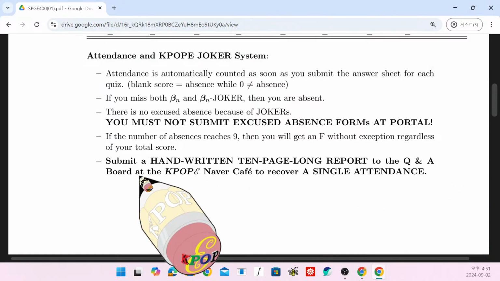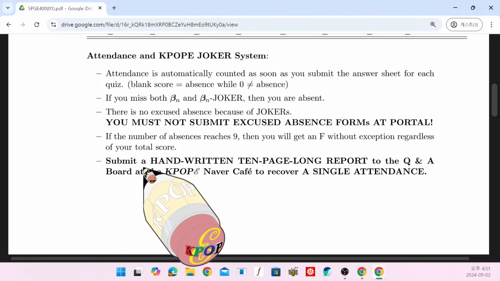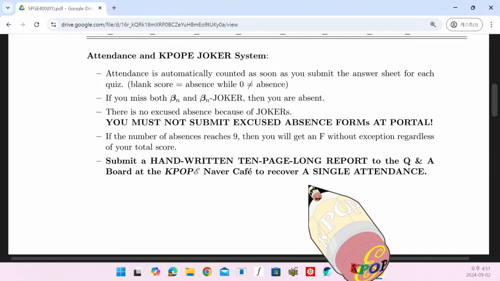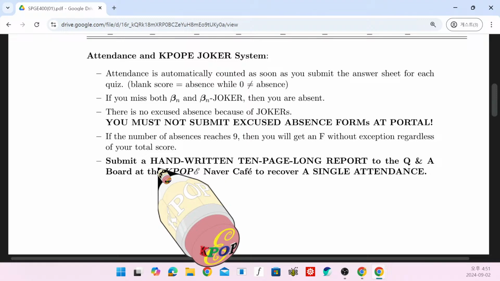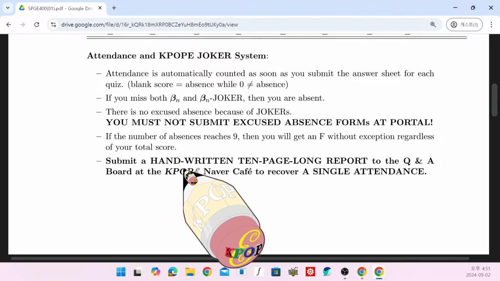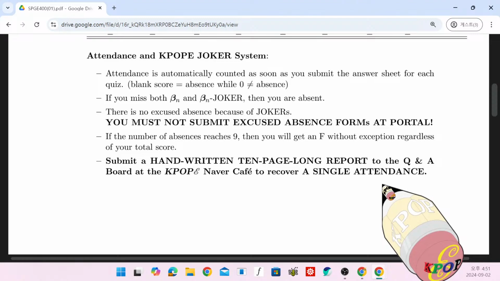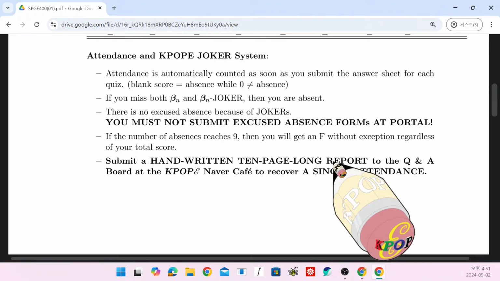It's shameful, but that is the only way. The effort to prepare a 10-page long handwritten report is more than what you need to take a single beta test.